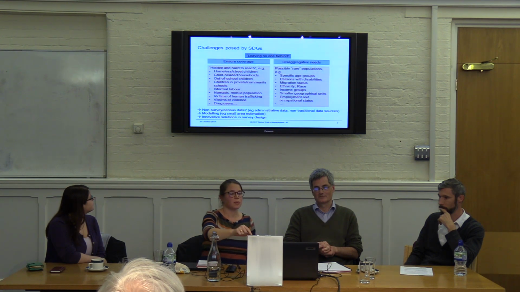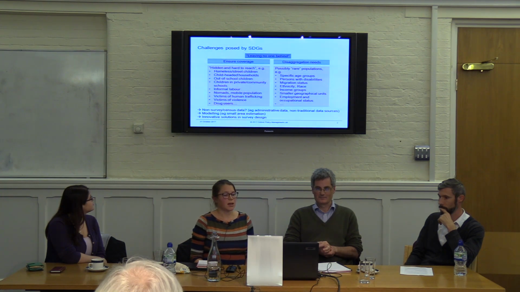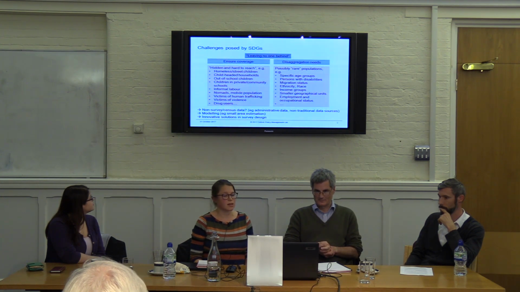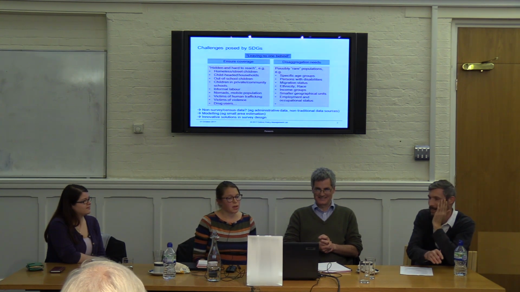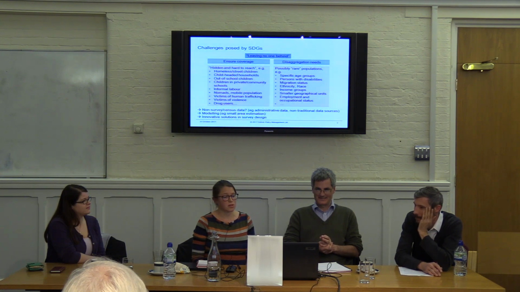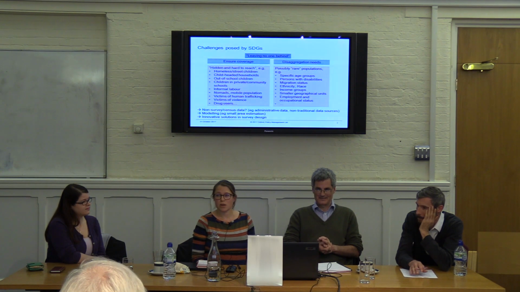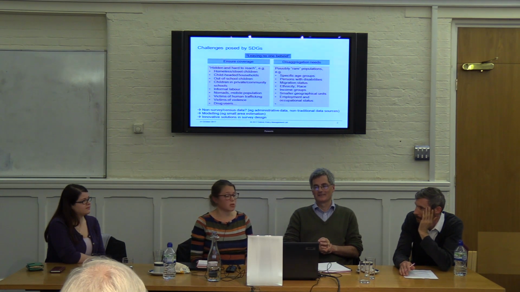So, of course, there might be different ways of addressing this. One could have other types of data sources. If there is no survey or census data that is available, looking at administrative data or non-traditional data sources.